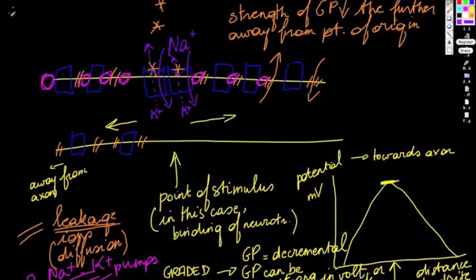The one that I'm showing here is an example of a depolarizing graded potential, because we're allowing for positively charged particles primarily to flow in rapidly upon binding of a neurotransmitter. And these positively charged particles, of course, are sodium. But we can also generate hyperpolarizing graded potentials. And we're going to take a look at that next.